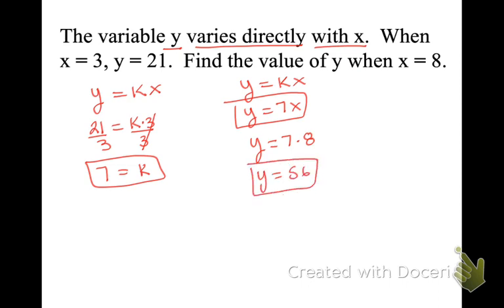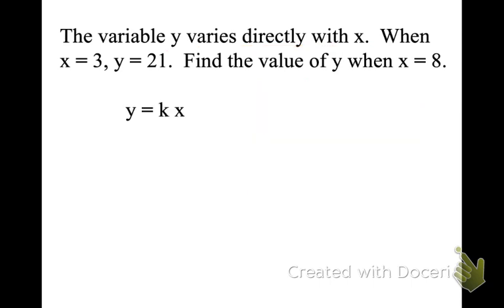So in this case, they gave us two values we had to substitute in. So we could find the k. Our goal is to find the k. Once I find the k, I write the direct variation equation. That's like your y equals mx with the m in there. Once I know that, they give us more values to substitute in and see if we can use it.